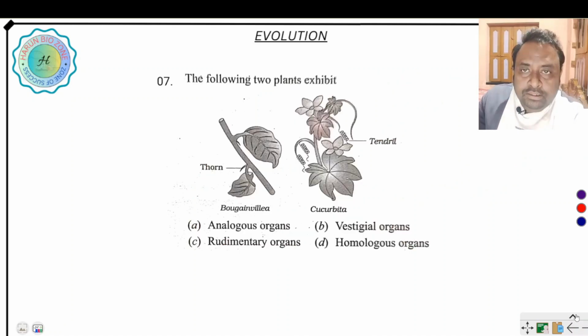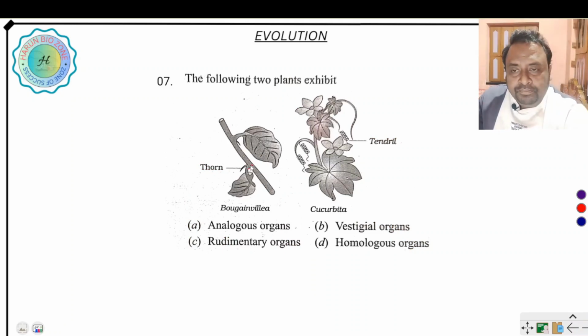Next question: the following two plants exhibit, this is a thorn, this is a tendril. They are anatomically same but functionally different.